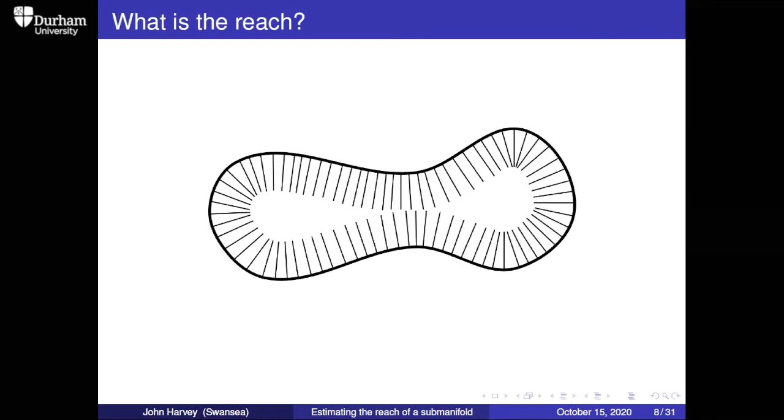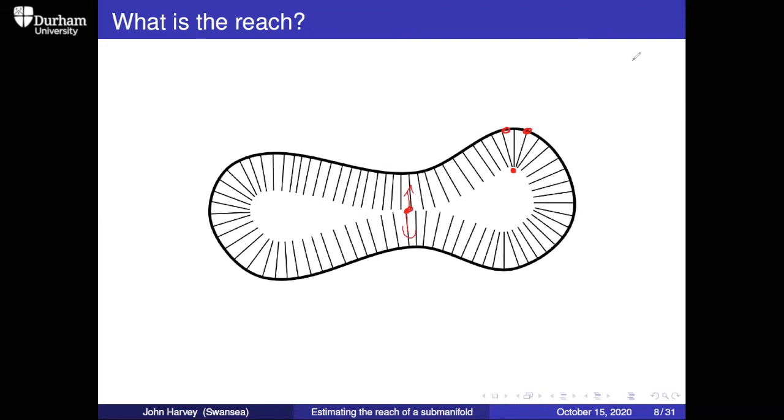Once you make the fringe too long, in other words, once you make the number delta too big, then you no longer have this unique projection back. Okay, so if I am here, I do not know whether I should project back this way or project back this way. If I am, say, here, then there will be a point here and a point here. They're both going to be equally close.